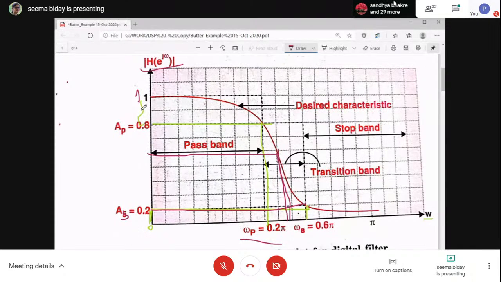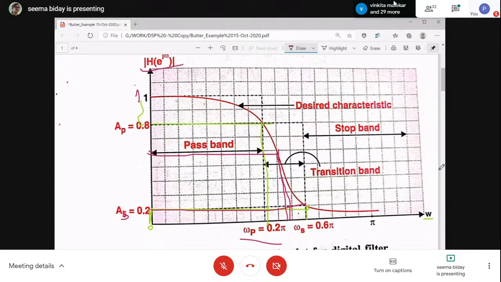So if this is 1, what should be this value? Who will tell? Below 3 dB, it is okay. If it is in dB, it is 3 dB, but it is not given in decibel. It is given as 1. So tell me, what should be this value? Now you are close to the answer.